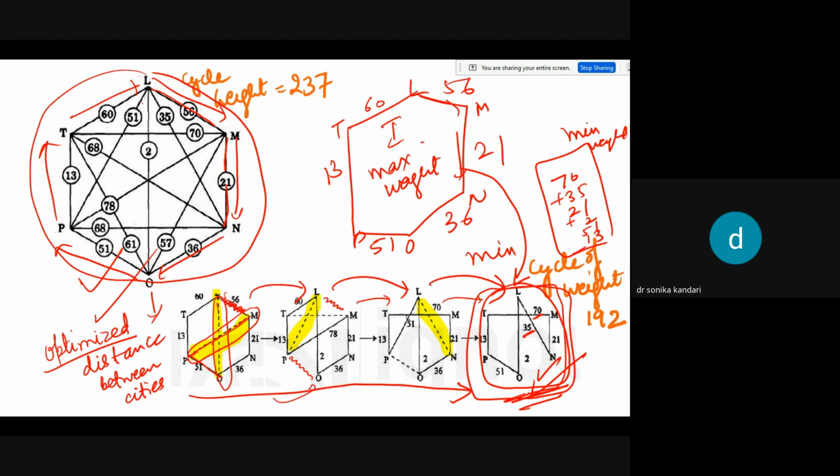Step by step, we have found the graph that should represent the movement of the traveling salesman from one city to another, so that it may involve the lowest distance and hence the lowest cost.